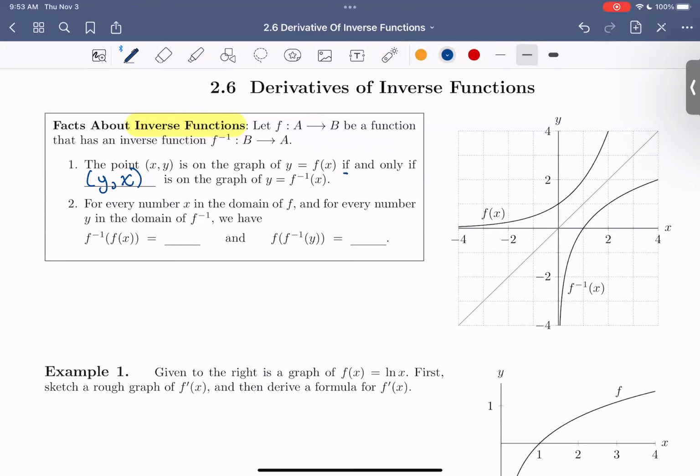So graphically, what this means is that any point on our original function, so I'll identify a point here maybe, at over 1 up 2, is going to be on the inverse function, but it's going to be up 1 over 2. So if we kept doing this with all of the points on our original function, then what we get is the inverse function that looks like a reflection across this x equals y line.